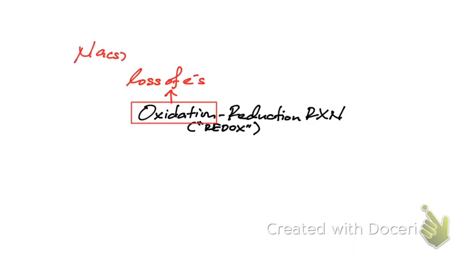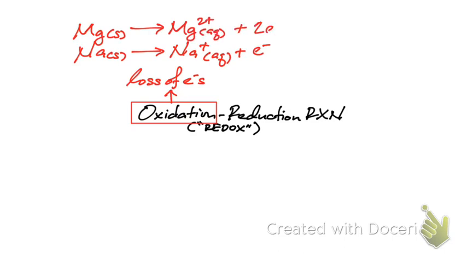So for example, if we have solid sodium, when solid sodium undergoes oxidation, it releases an electron. Same thing with magnesium. When magnesium undergoes oxidation reaction, it would release 2 electrons. For solid aluminum, that would release 3 electrons.